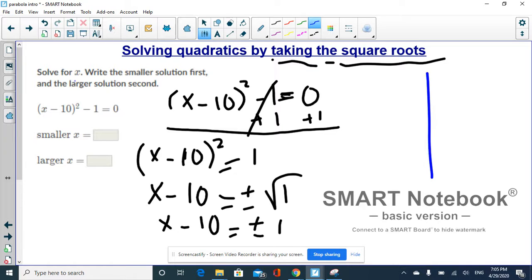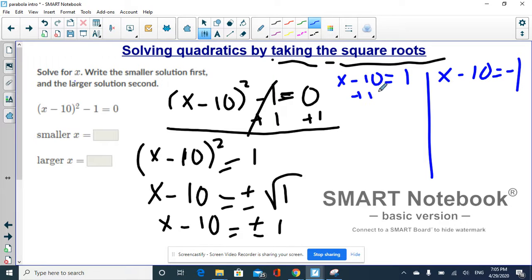So I will divide this page. The first equation is x minus 10 equals positive 1. The second is x minus 10 equals negative 1. And to solve it, we try to move negative 10 from here. This is subtraction.